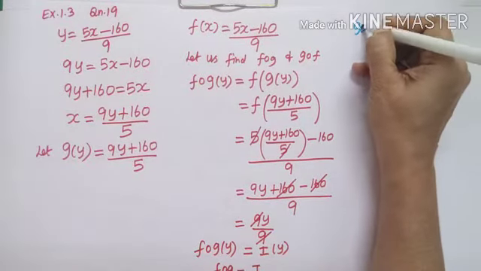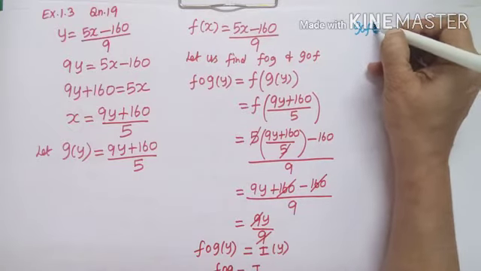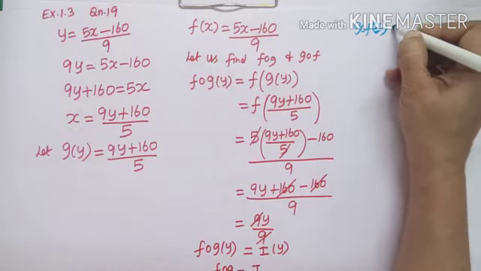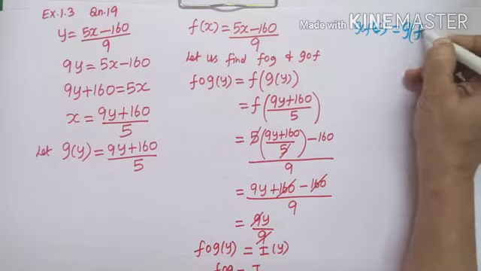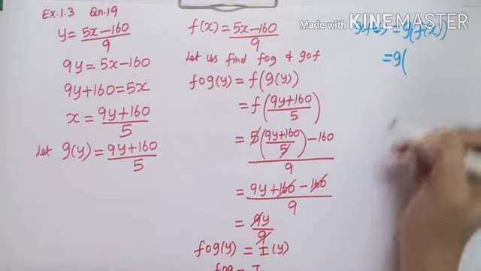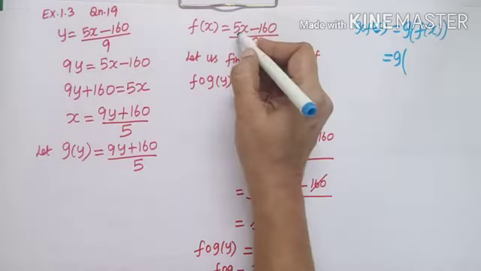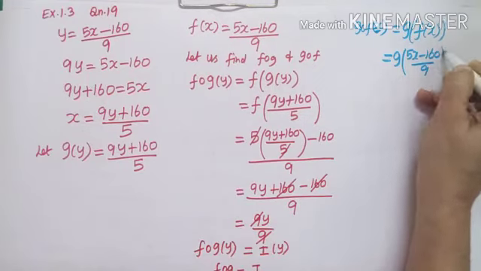g composition f is equal to, so since it is f, let me put x. So g composition f of x is equal to g of f of x. That is g of, what is f of x? (5x minus 160) by 9.